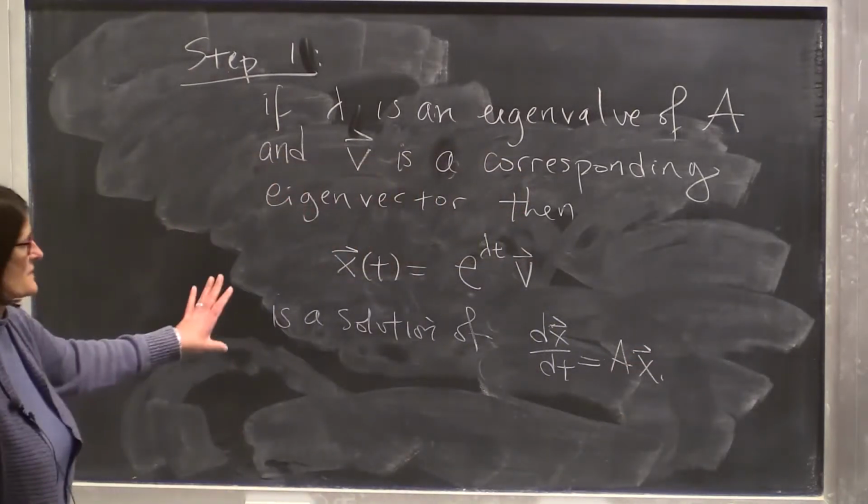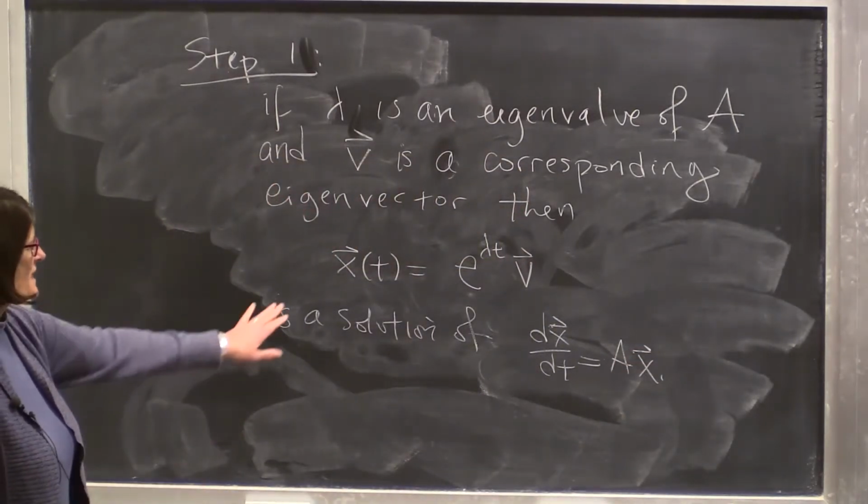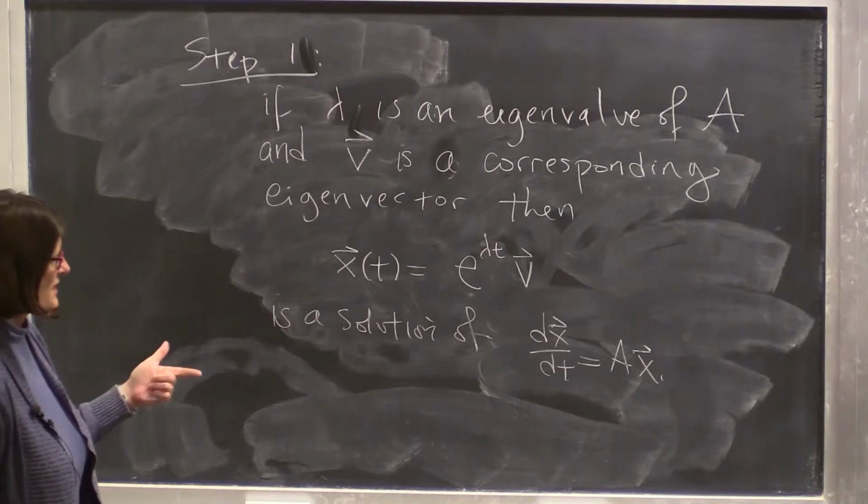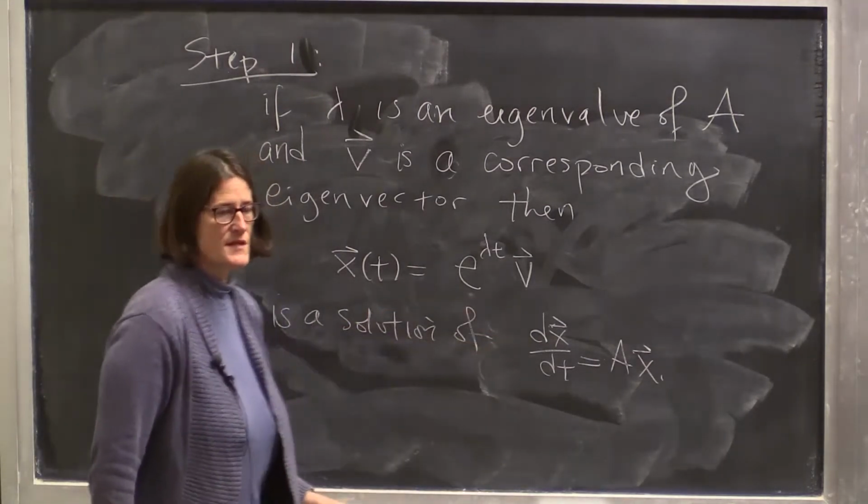So let's first see if this is true. I'm just saying that if I have an eigenvalue and an eigenvector, then I can construct something which satisfies this linear system.